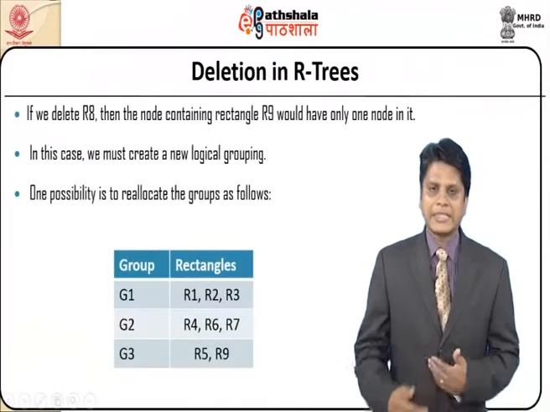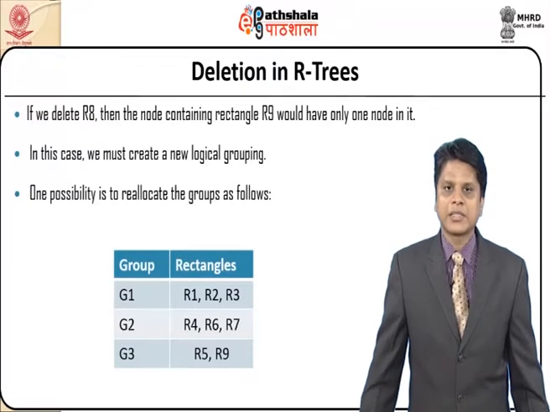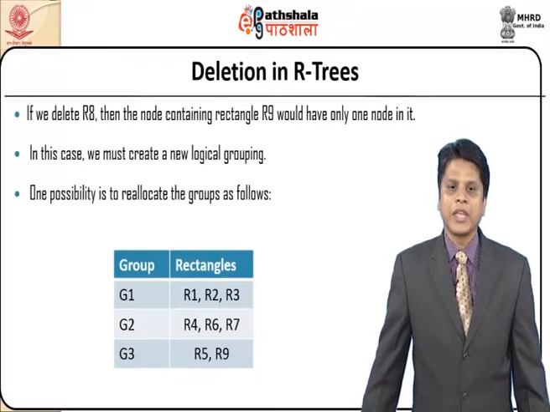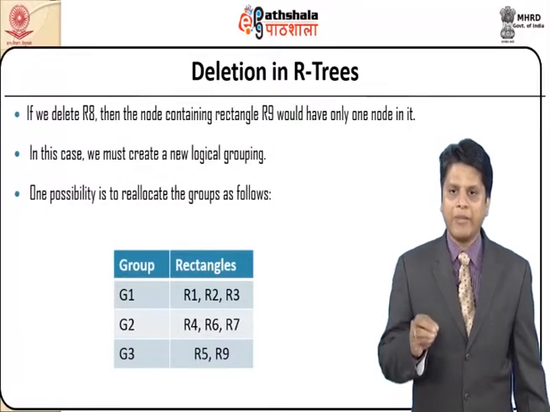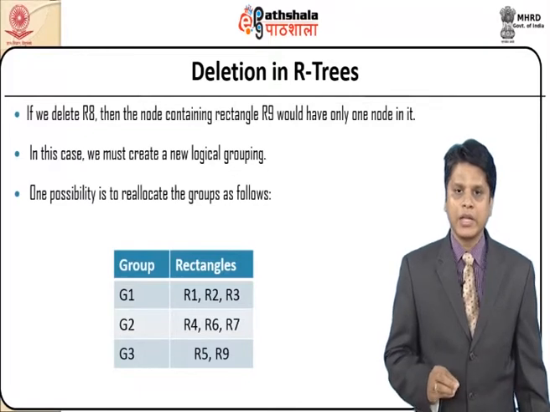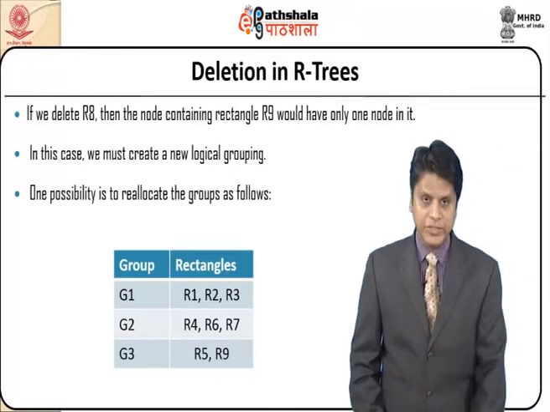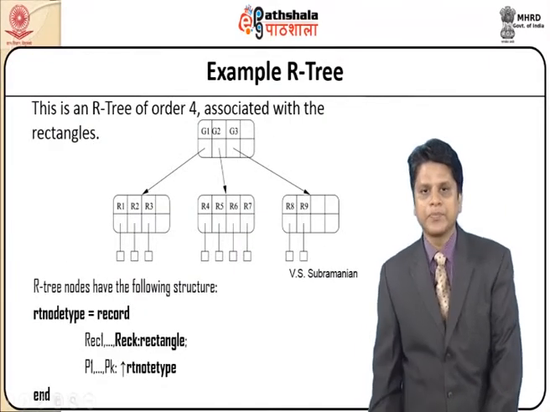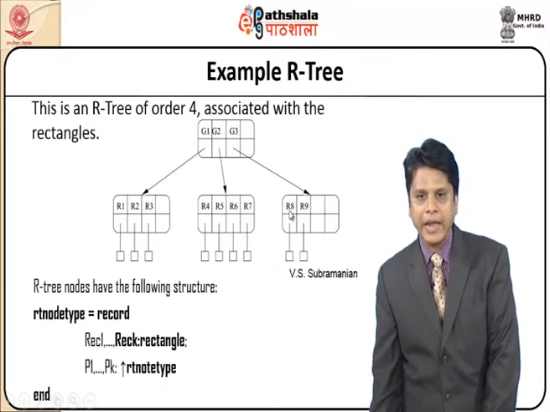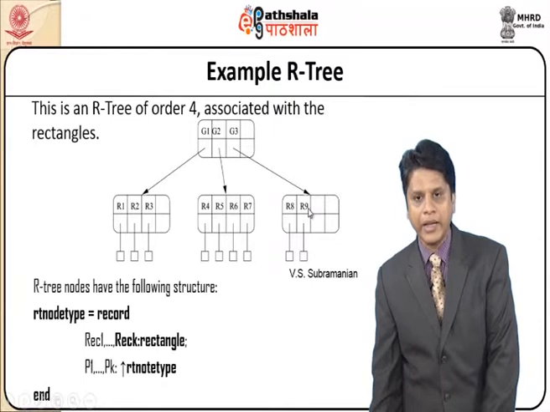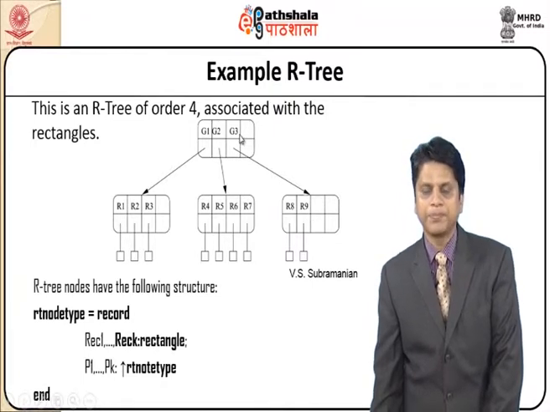So, let us try to understand the procedure of deletion in these rectangular trees. If we delete R8, then the node containing rectangle R9 would have only one rectangle in it. Say in group 3 that we assumed initially, if we delete R8, then it will have only R9 associated with group 3.